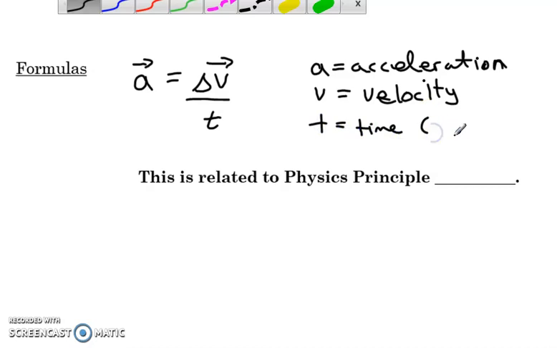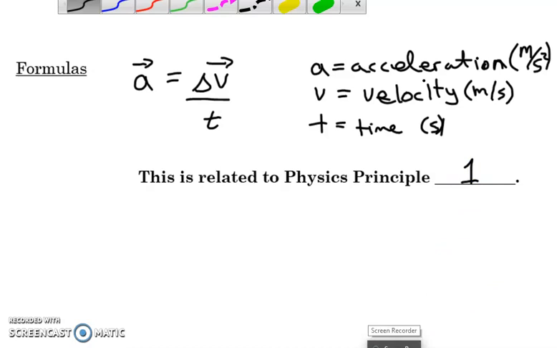Standard units for time is seconds, standard units for velocity is meters per second, and so acceleration is meters per second squared. All of this is related to physics principle 1 on your data sheets, which shows uniform accelerated motion. So everything is going to be dealing with that particular concept.